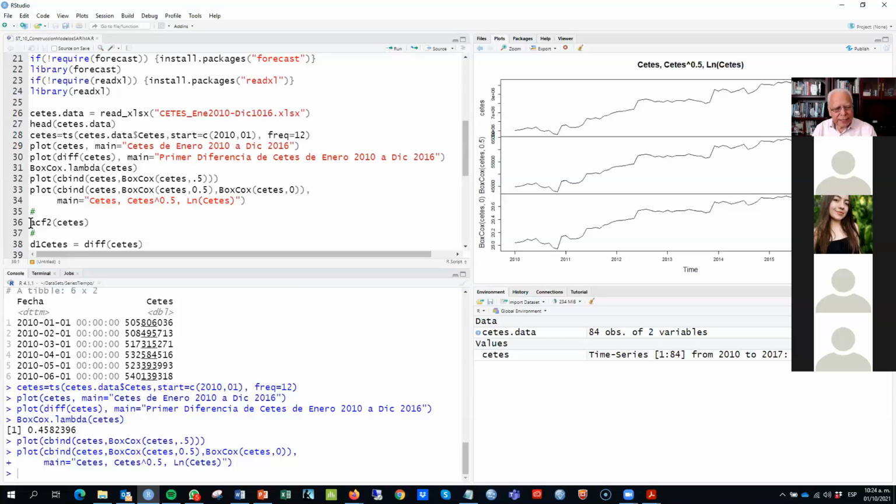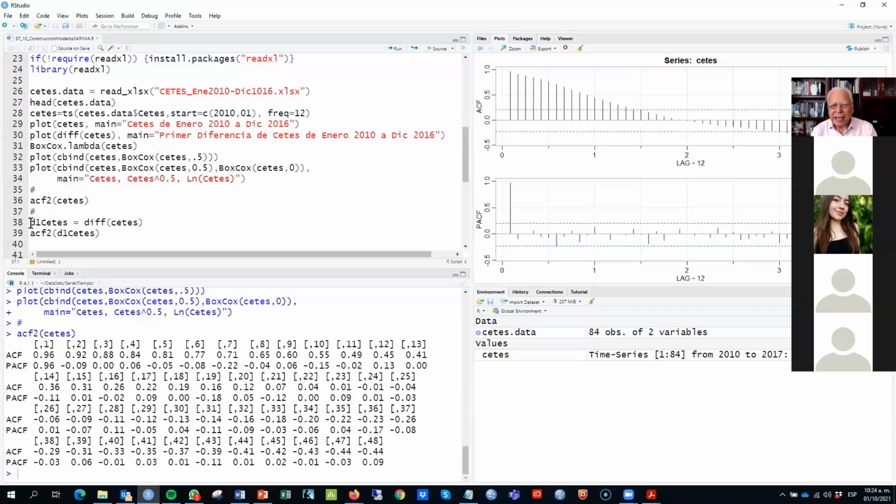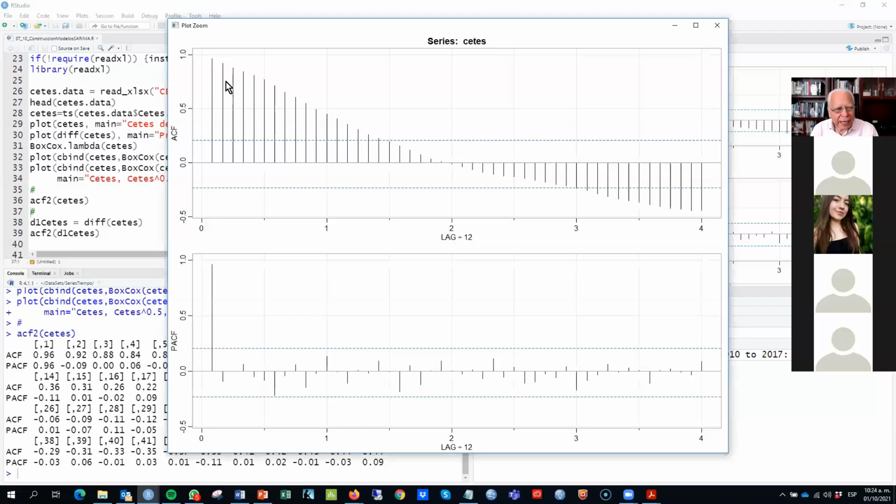So we can work with CETES with the original data, and that's the ACF and the PACF of the original data. Okay. And now it's clear that we need to difference because the rate of decay is very low. It's decaying to 0, but at a very low rate.